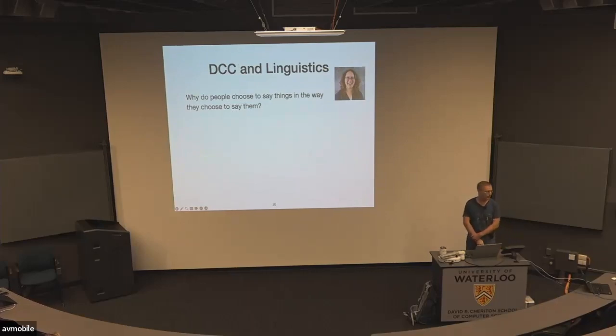A seminal problem in linguistics is answering the question, why do people choose to say things in the way that they do? So in English, speakers hugely prefer saying bread and butter to butter and bread. Now, if someone chose to say butter and bread, we'd have to ask ourselves, is it a mistake or a joke? If it's a mistake, then we're learning something about ordering, but if it's a joke, then we're not, right?